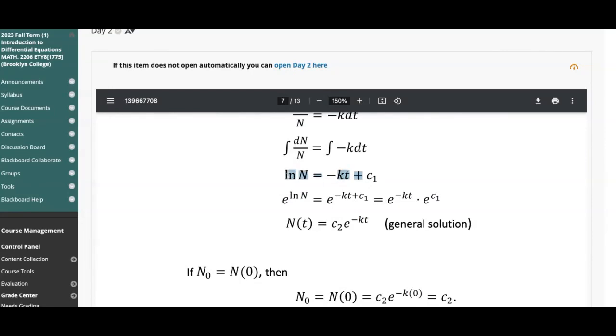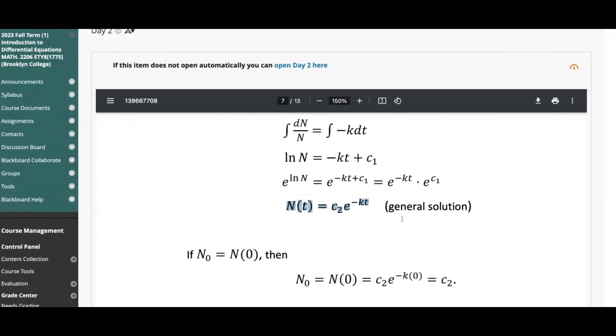We rewrite this equation as e raised to this power equals N, so N is a function of T. E to the constant can be written as a constant. So N of T equals some number multiplied by e to the negative KT, and we recognize that's a decay.